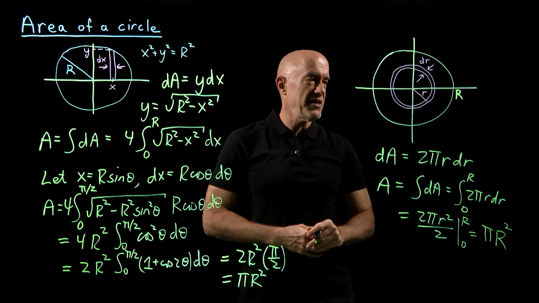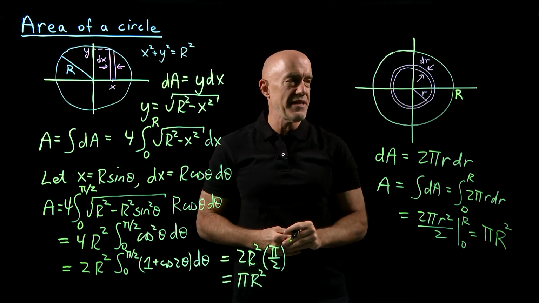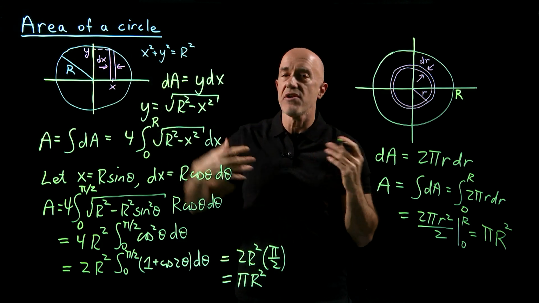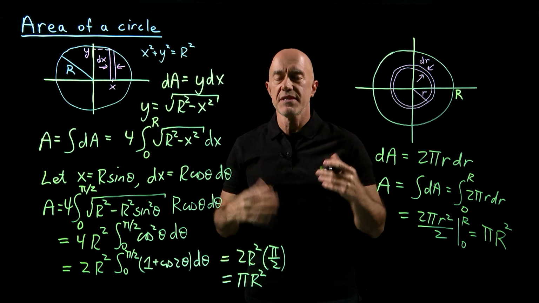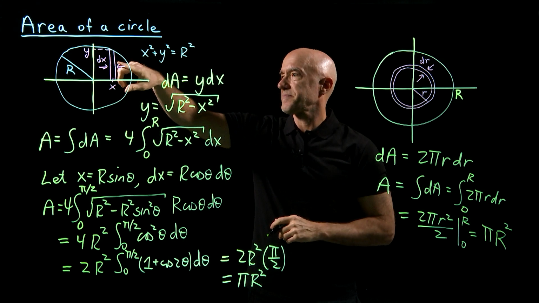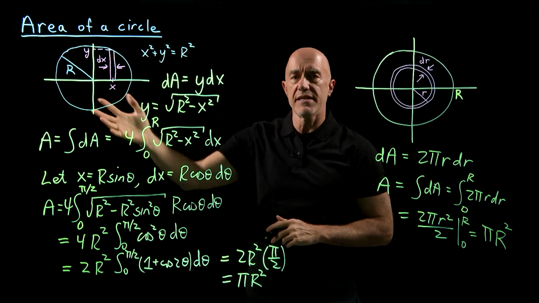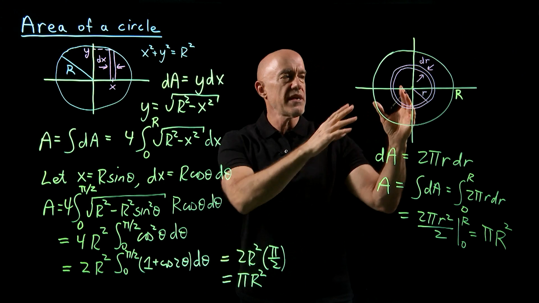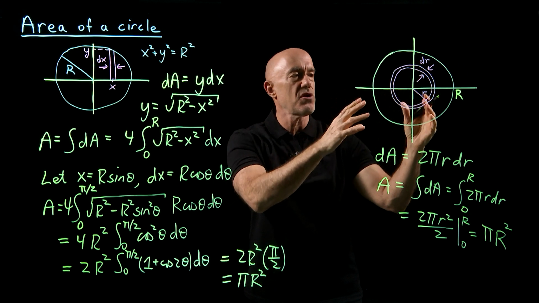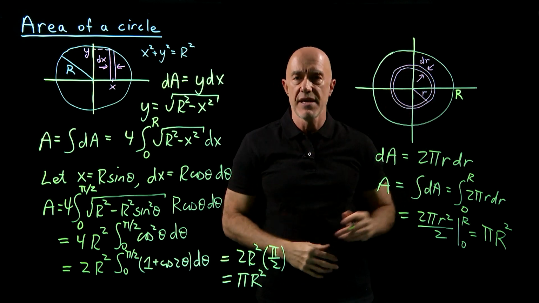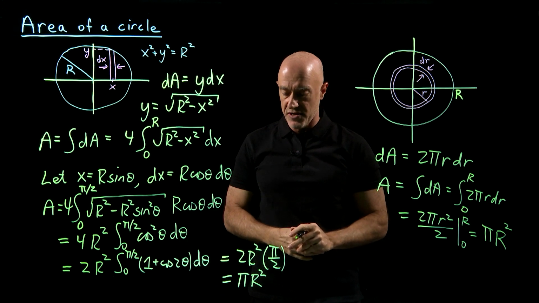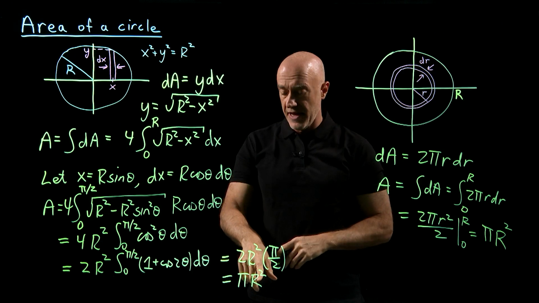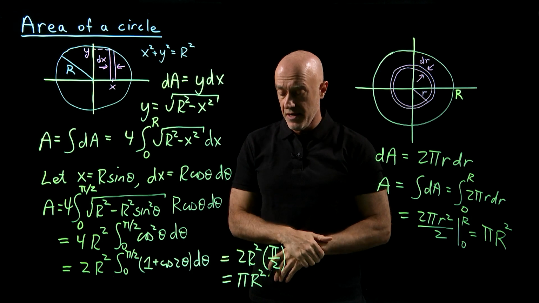This is essentially using what's called polar coordinates. So here I'm illustrating how to calculate the area of a circle. We can use calculus. We can either do it in Cartesian coordinates by summing up these rectangles, or we can do it in what is essentially polar coordinates by summing up the areas of these concentric circles. We get the formula for the area, pi r squared.